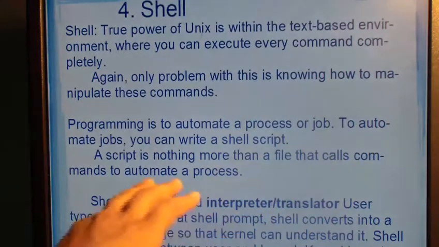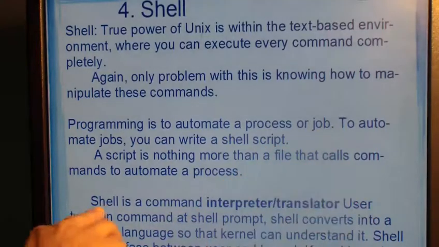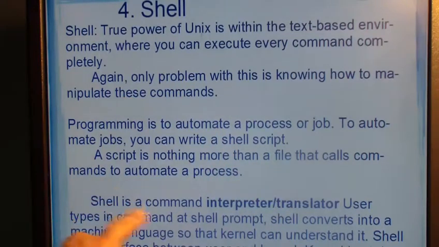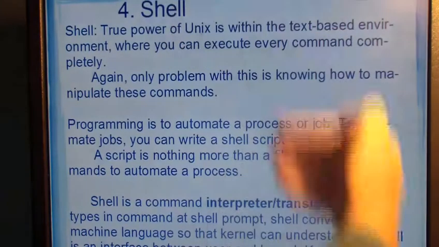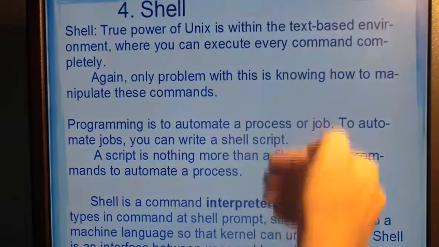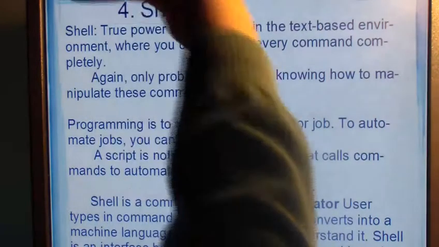The shell is like a translator, which when you type in the command there, converts that command into such a format so that the Unix operating system, kernel, and all the hardware can understand that.